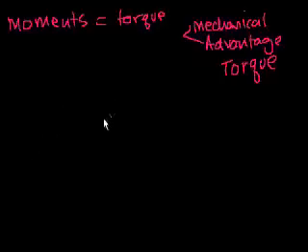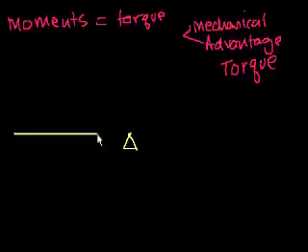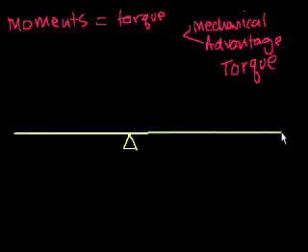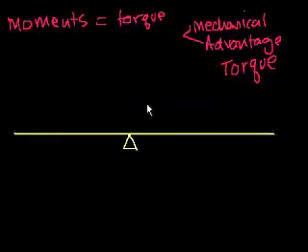Let's say that I have a pivot point here. Let's say I have some type of seesaw or whatever. There's a seesaw.